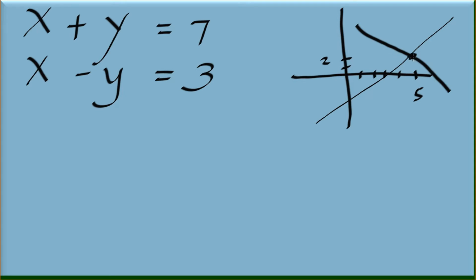So those are two intersecting lines, and the point of intersection represents the solution, 5, 2. And by algebra, we expect to see something like x is equal to 5 and y is equal to 2. So basically, that's the xy ordered pair. x is 5, y is 2.